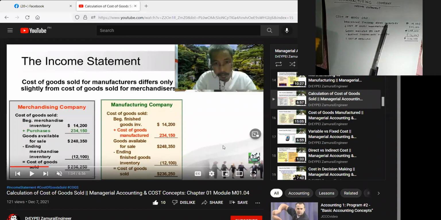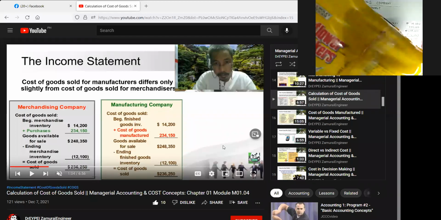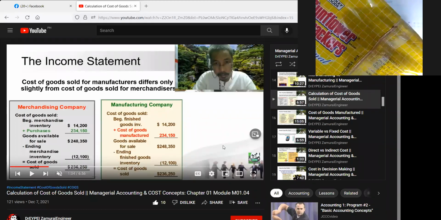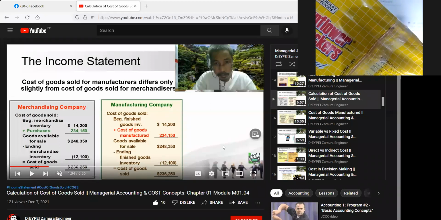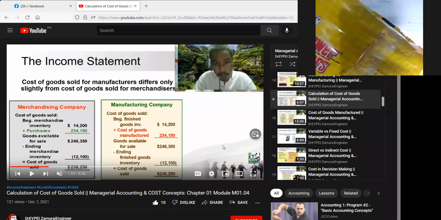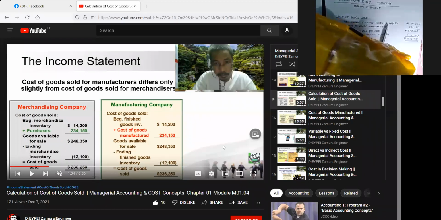You just have to resell it by opening it. You don't need to buy anything. So there is no plus purchases, and there is no cost of goods manufactured. You are just buying and selling, literally. Buying in wholesale, retailing.